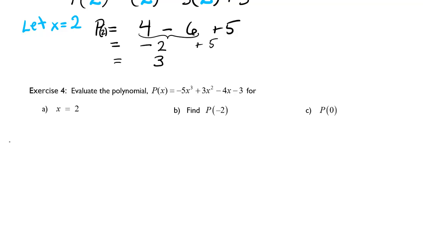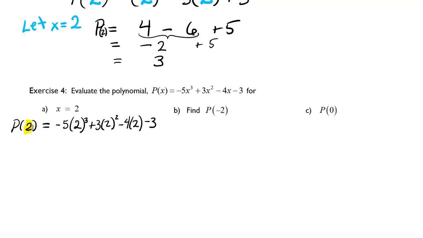Welcome back. My first substitution will be p of 2. I need to find the value of the function p when x equals 2. Therefore, I get negative 5 times 2 to the third plus 3 times 2 to the second minus 4 times 2 minus 3.